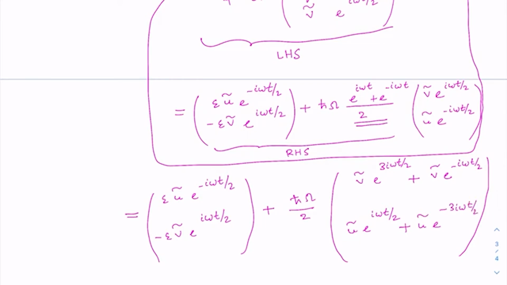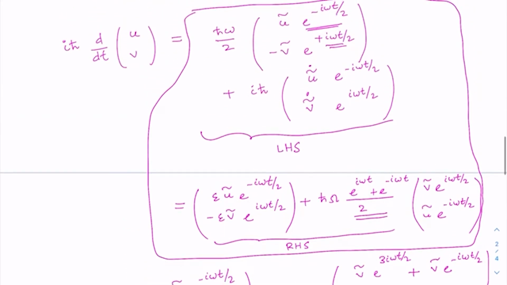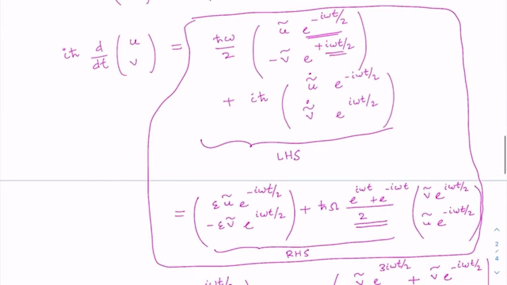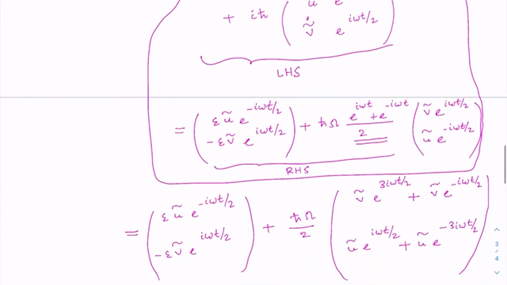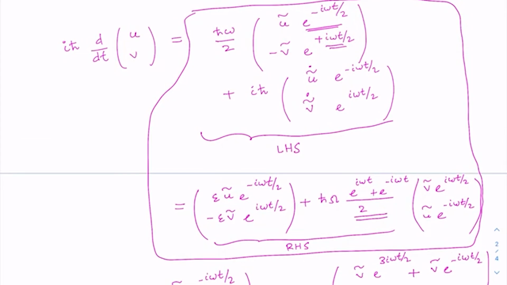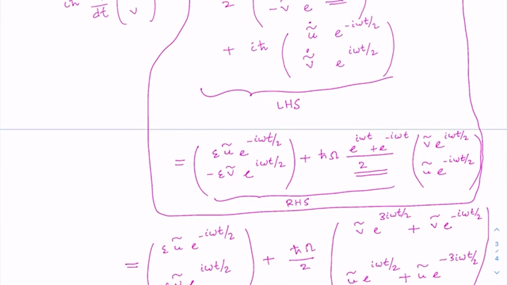Now you can compare. If you just look at the left hand side also, you can compare left hand side and right hand side. It's a bit difficult to write everything here, but I hope you will get the point. If you compare both sides, only the term having coefficient e to the power minus I omega t by 2 on both sides in the first row would become resonant.